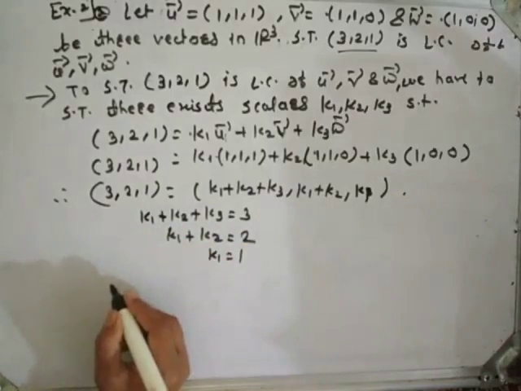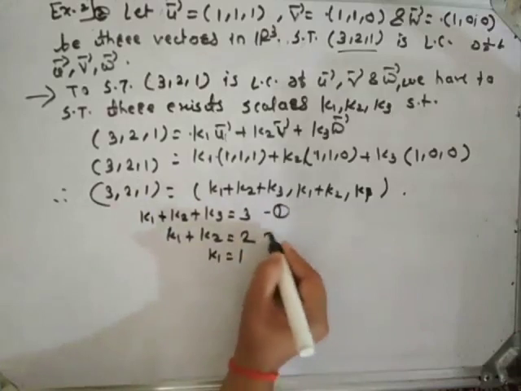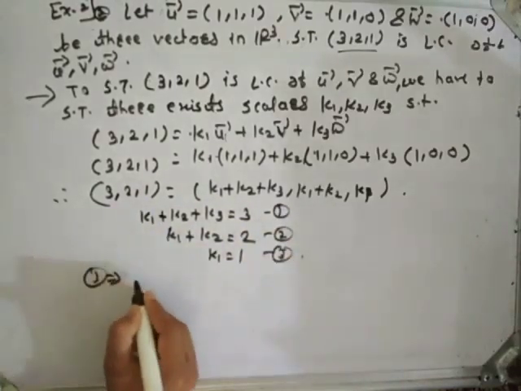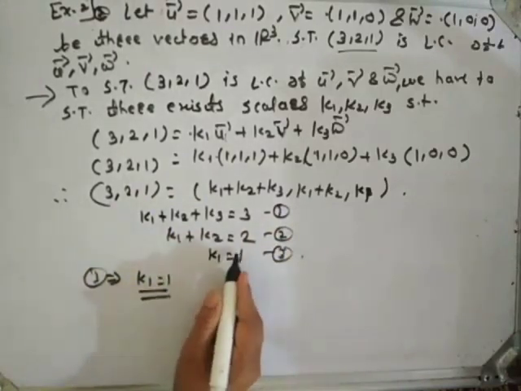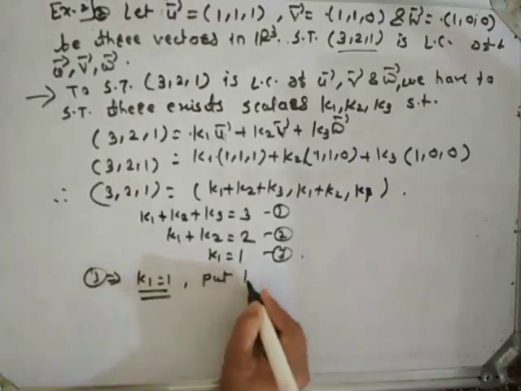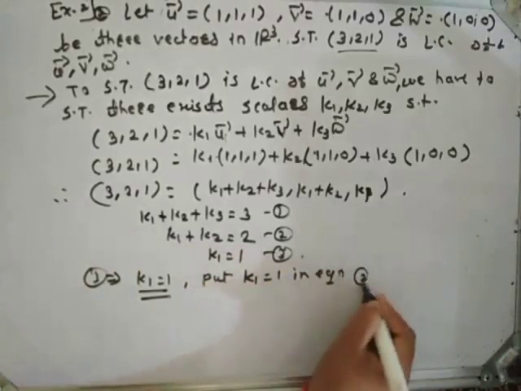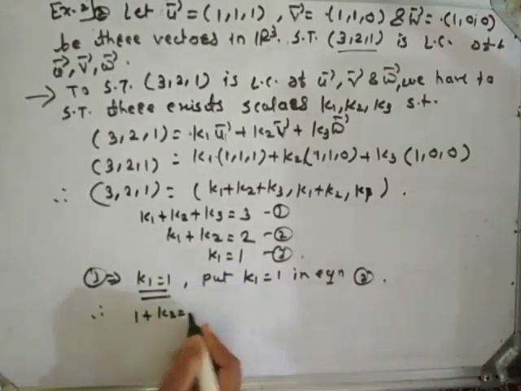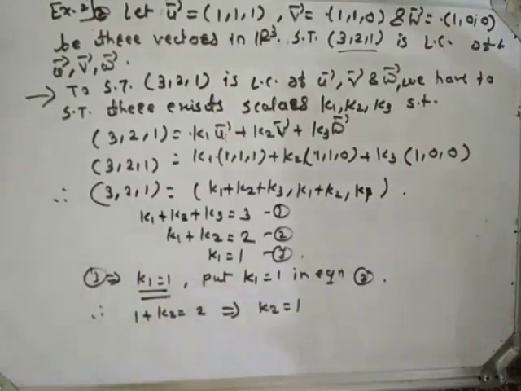Solving these equations for k1, k2, k3. Suppose this is equation 1, 2 and this is 3. Equation 3 implies k1 is equal to 1. Put k1 equal to 1 in equation 2. We will get 1 plus k2 is equal to 2, that implies k2 is equal to 1.